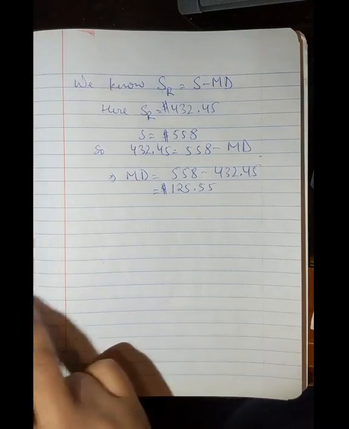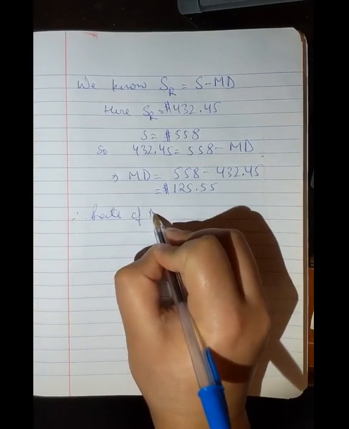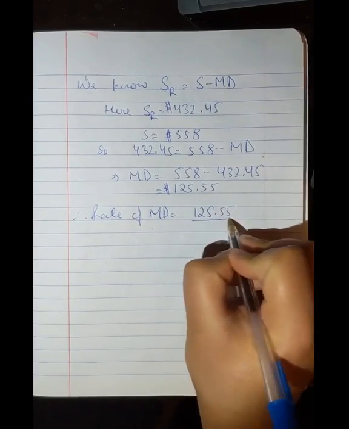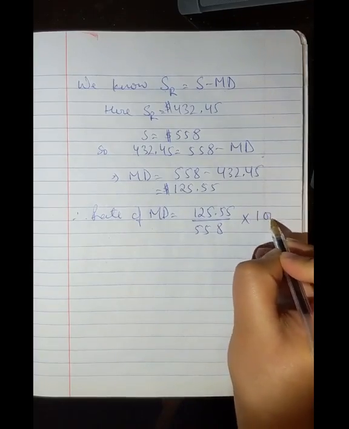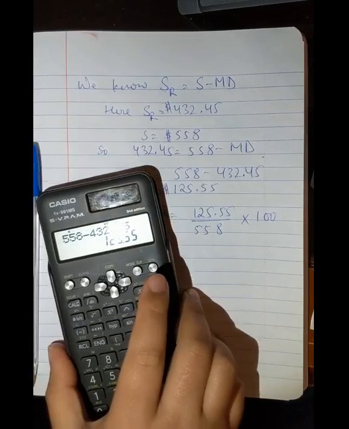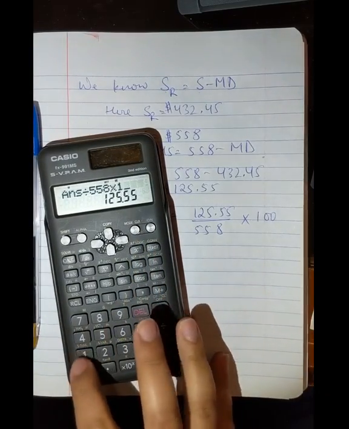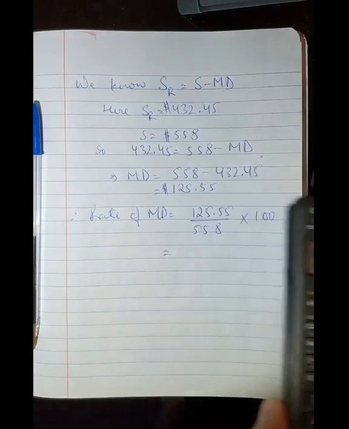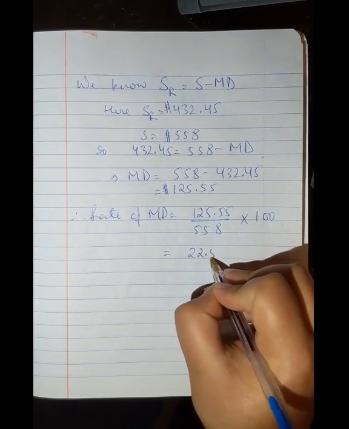I have MD, I have S. Therefore, rate of markdown is 125.55 divided by selling price, which is 558, times 100. I already have this number on my calculator screen. Divided by 558 times 100. It says 22.5%.